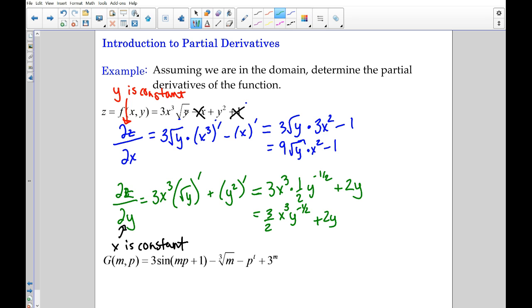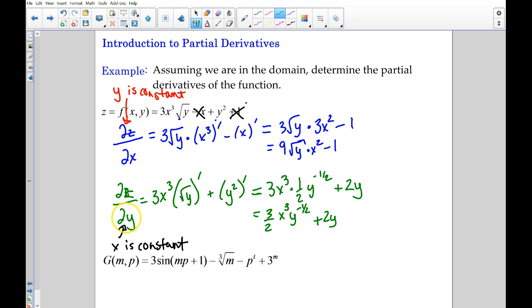I think of it as 4. I think of it as 22. It's not going to differentiate as I would with x. So I group the square root y, because it's a constant, with the other constant 3, and then differentiate that first part.